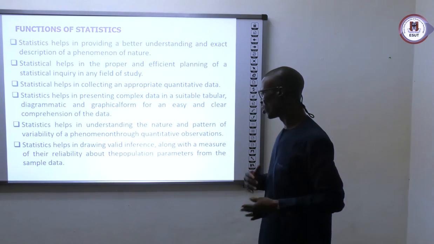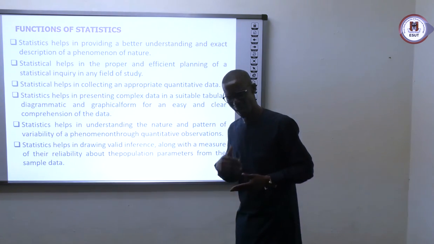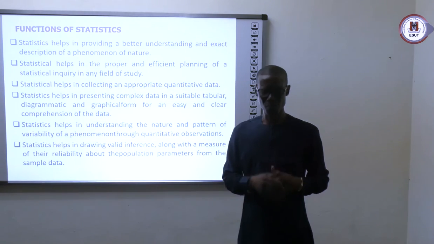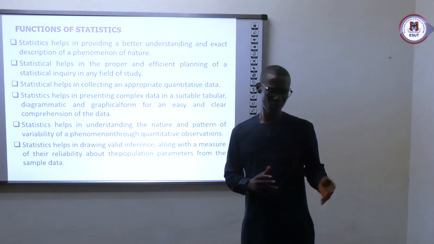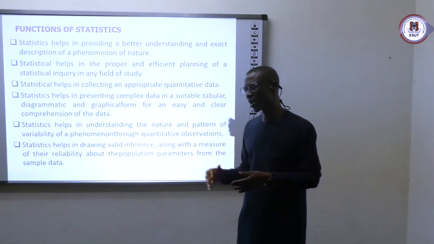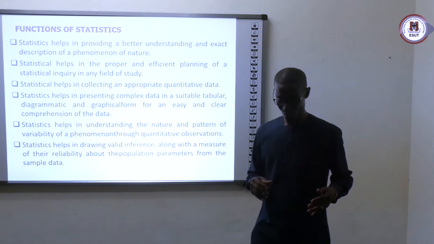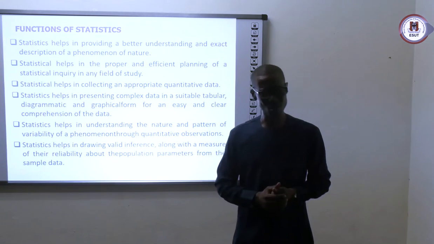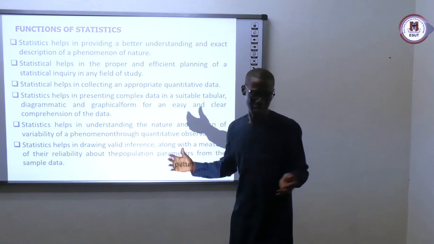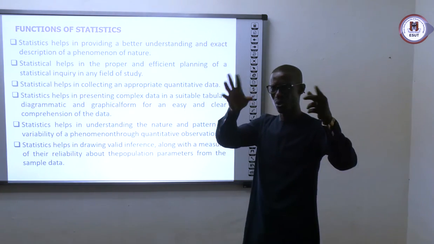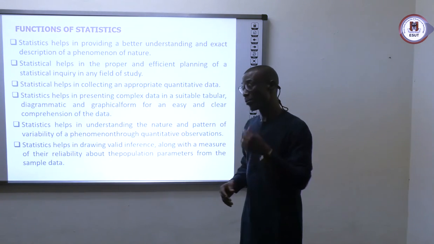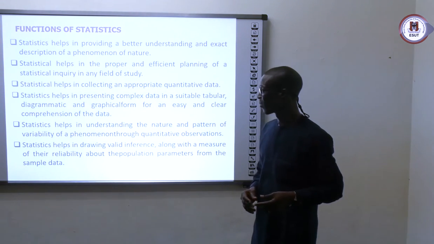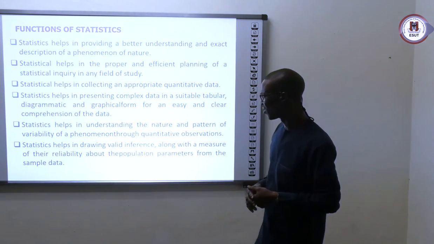Sometimes when we look at some phenomena that undergo some variability, mere observation cannot give us the pattern of variability of some of those data. So you need to apply some statistical method and get an output. That simplified output will be able to tell you in easy terms how variable those data are.